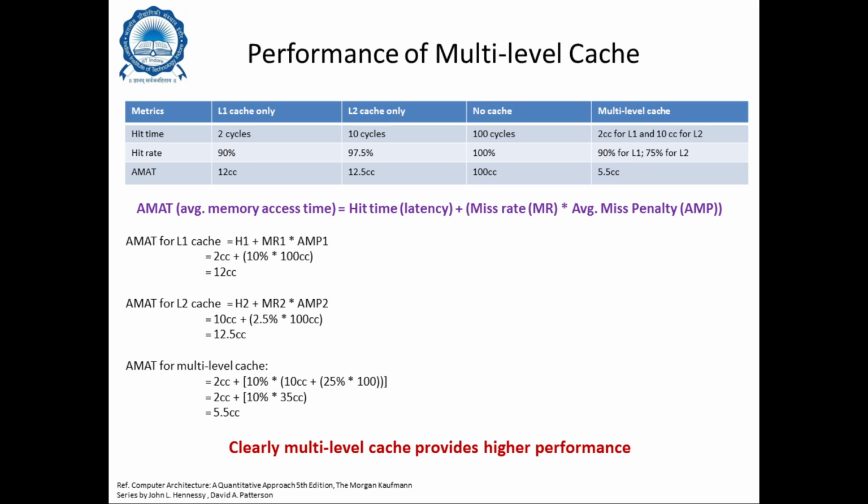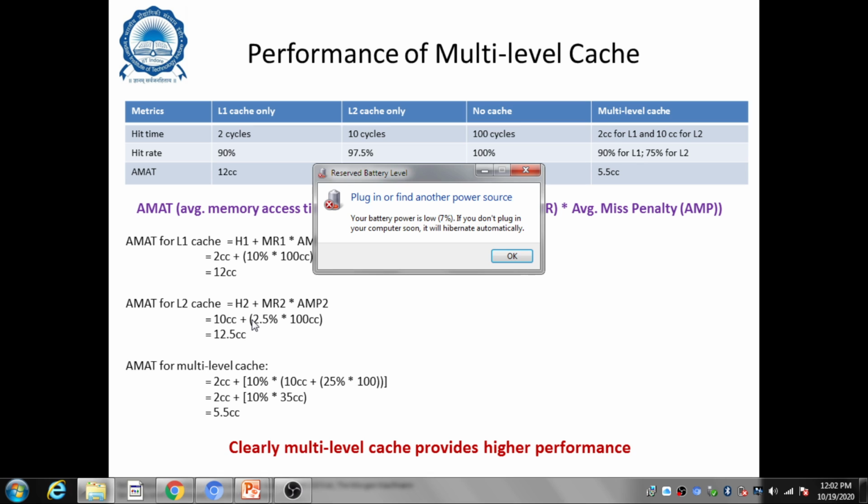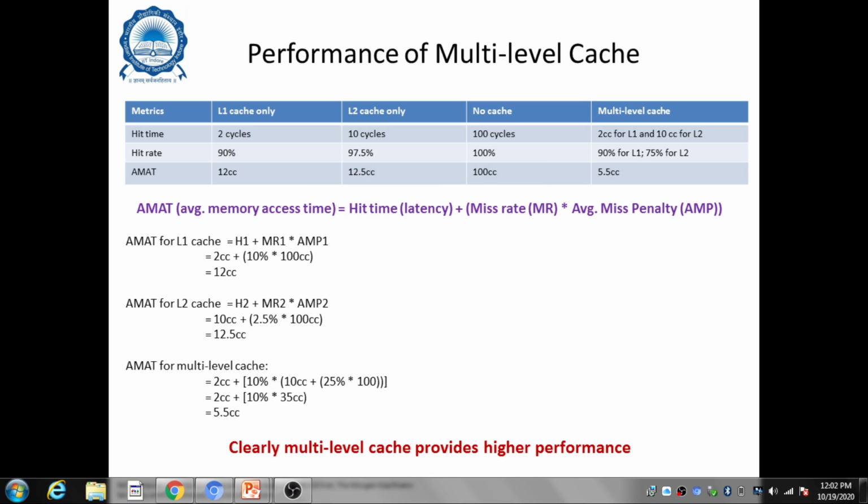Average miss penalty means if the cache doesn't hit, then the miss penalty will be 100 cc because it will have to look into the RAM. So this is 100 cc here, so that gives you a value of 12 cc.